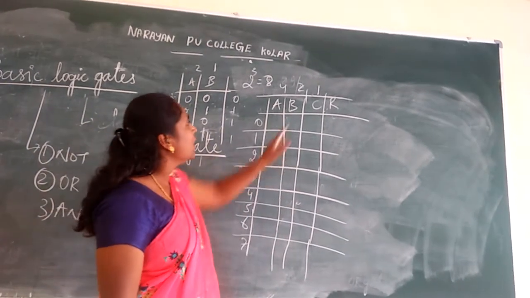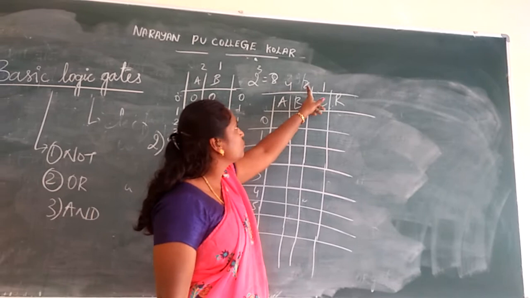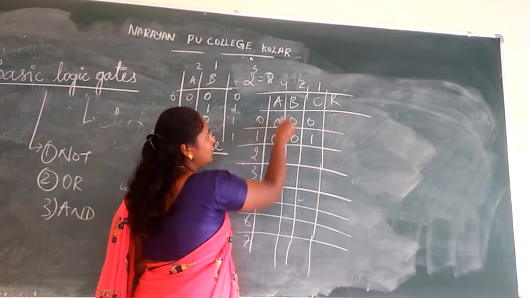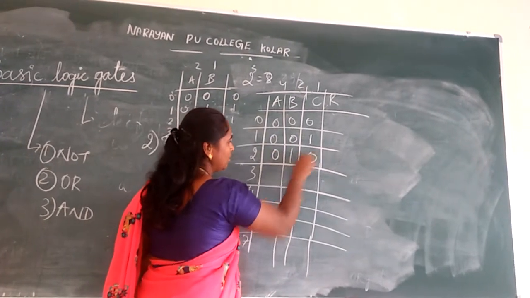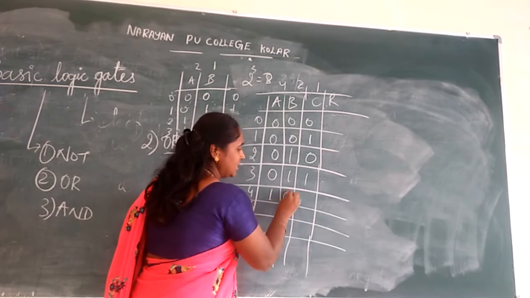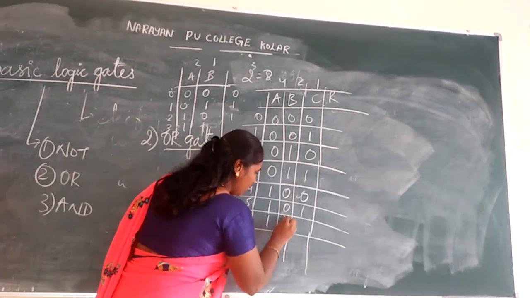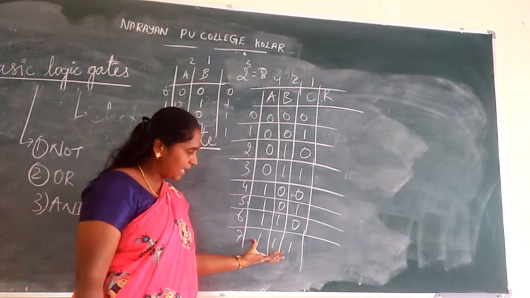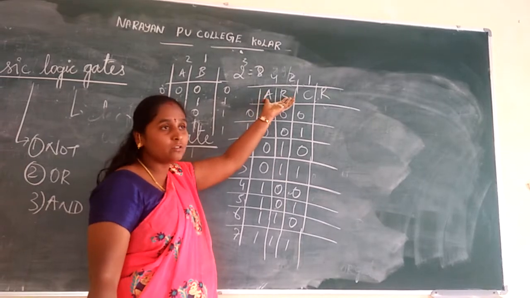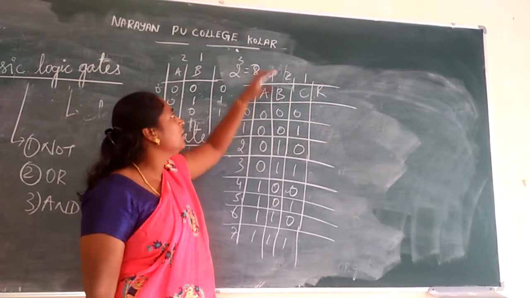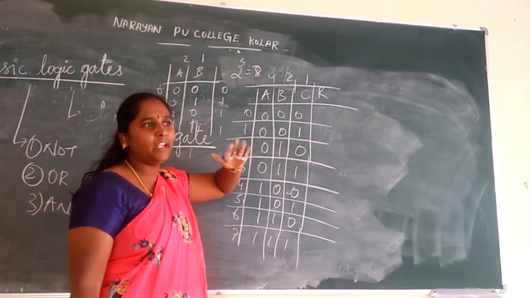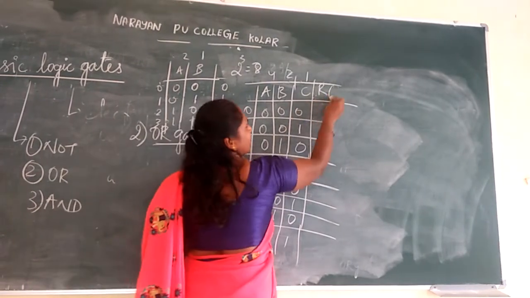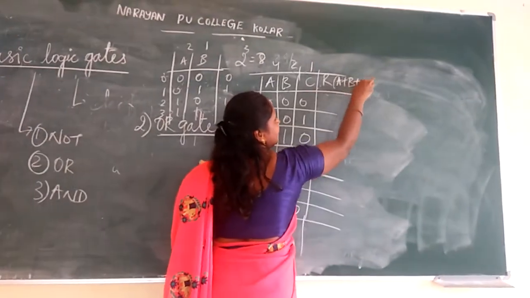You take the multiples of 2: 1, 2, 4. Each time the input possibilities are partitioned in half, again partitioned into half. The result R is A plus B plus C.